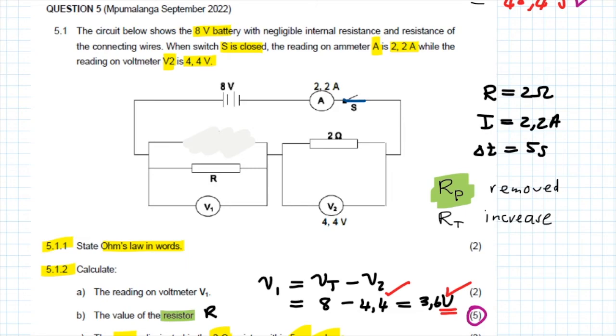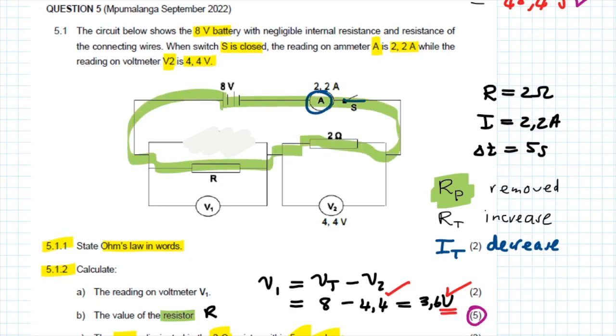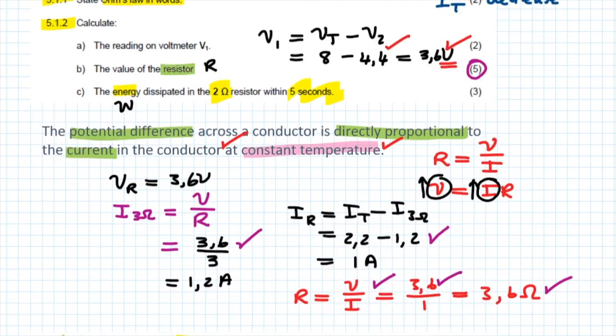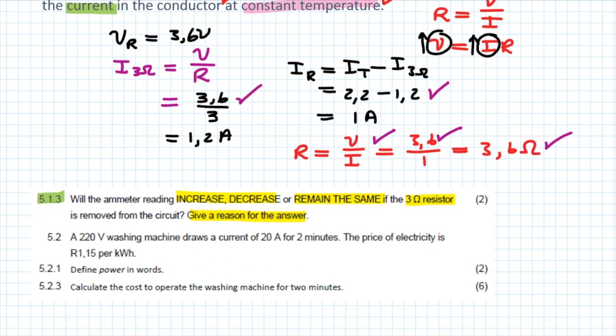Now, if total resistance increases, remember resistance is the opposition to the flow of current. So if resistance increases, then of course we know that the total current, which is measured by the ammeter, is going to decrease. So what is basically happening is, instead of the current splitting, all of the current is now going to flow through this part of the circuit as follows. So the correct answer to this question is that the current is going to decrease.